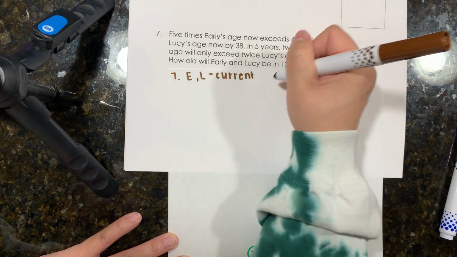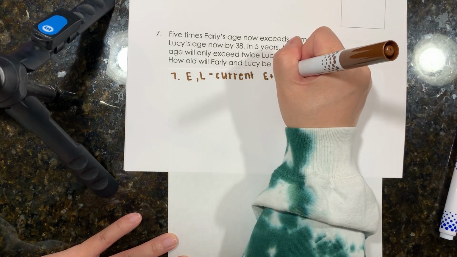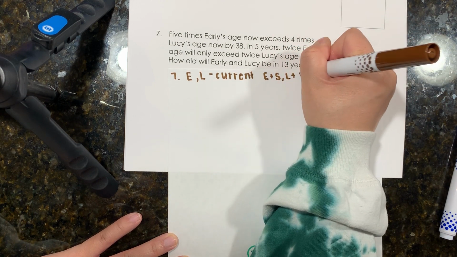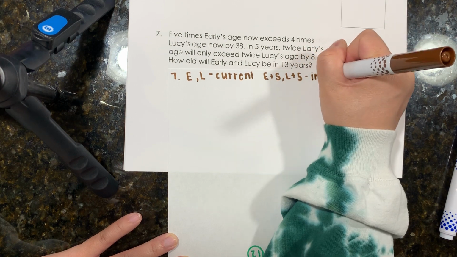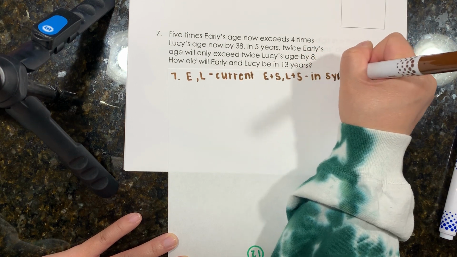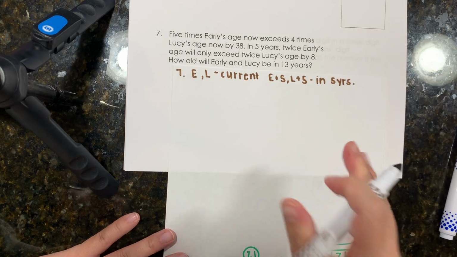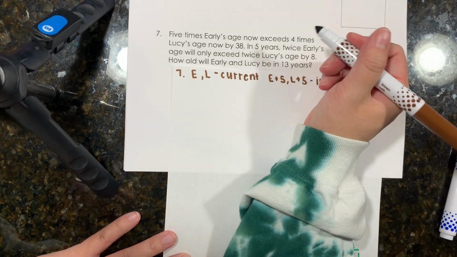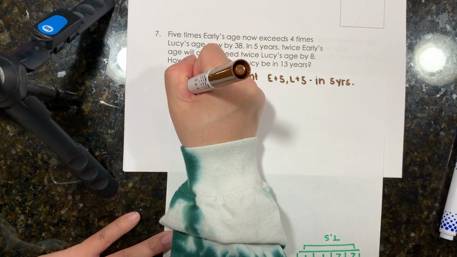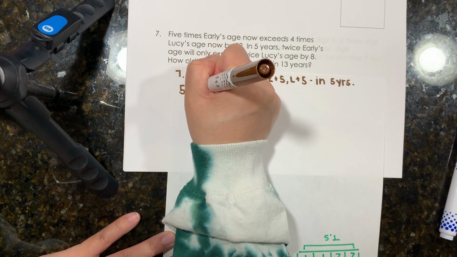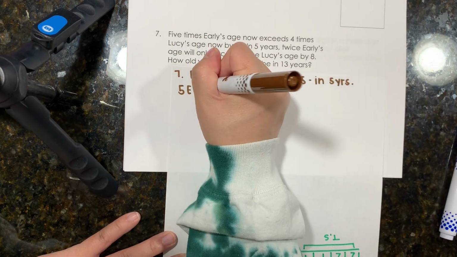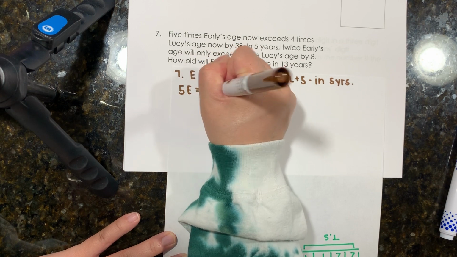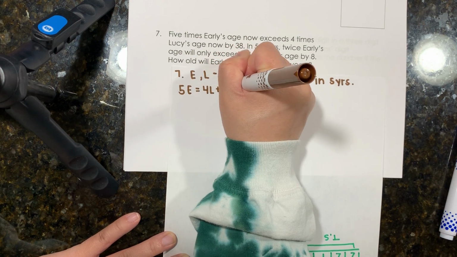And then in 5 years, I'm going to have E plus 5 and L plus 5. So it says 5 times Early's age now exceeds 4 times Lucy's age now by 38.